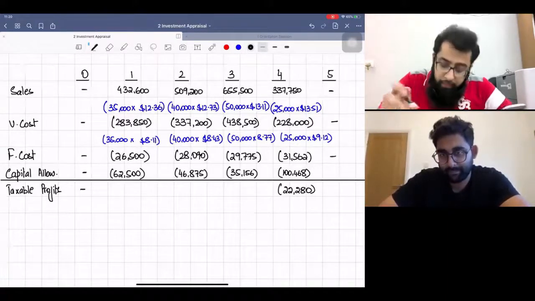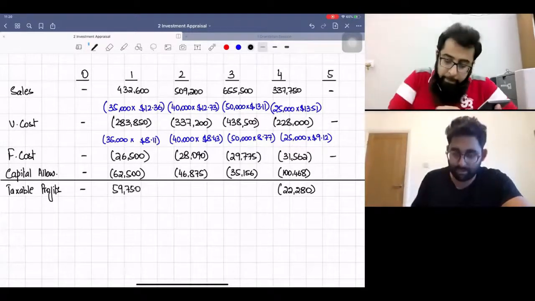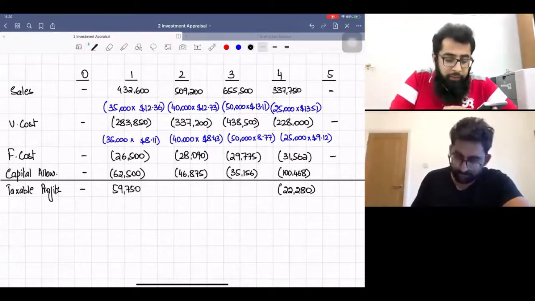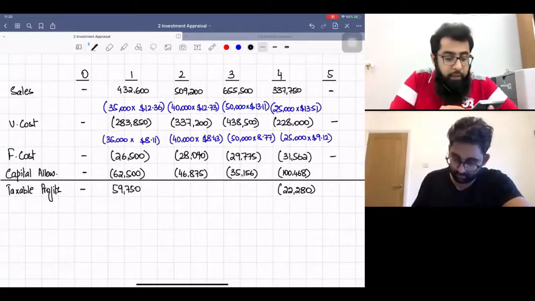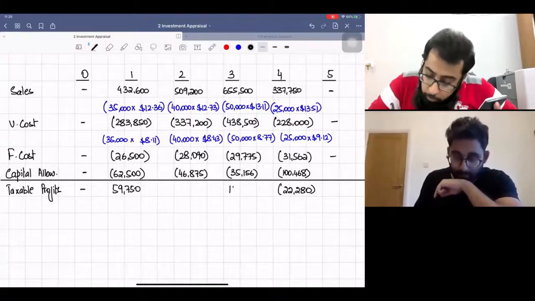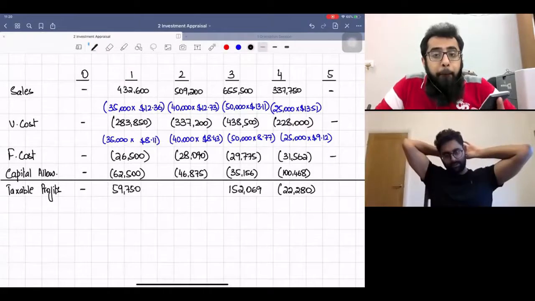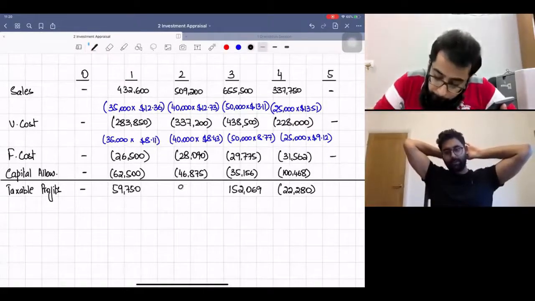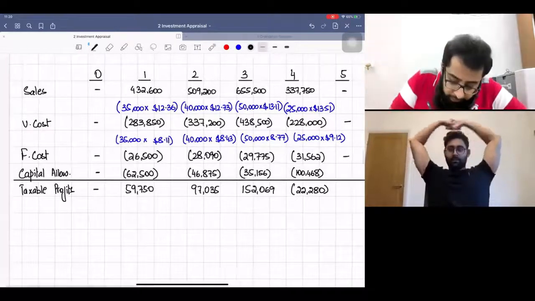Positive. Then 655,500 minus 438,500 minus 29,775 minus 35,156. So 152,069. And the second one is 97,035. Positive. So now we will charge the tax.